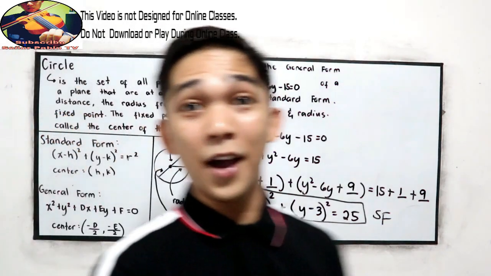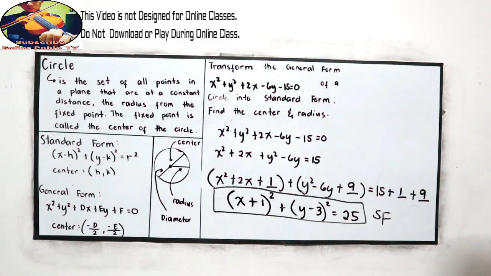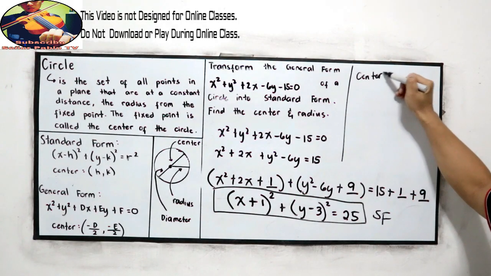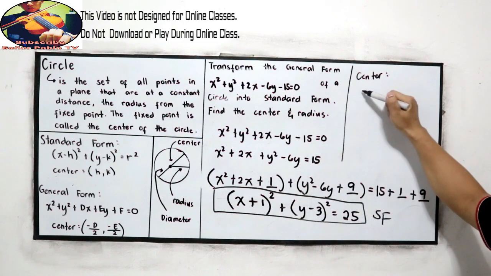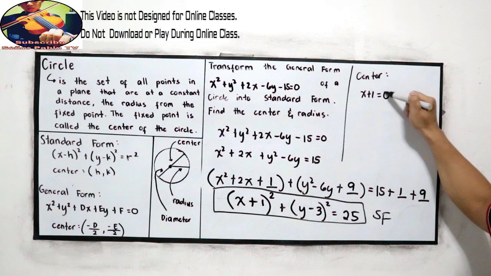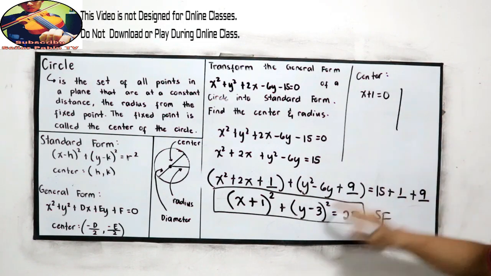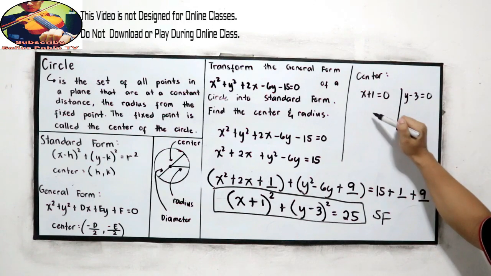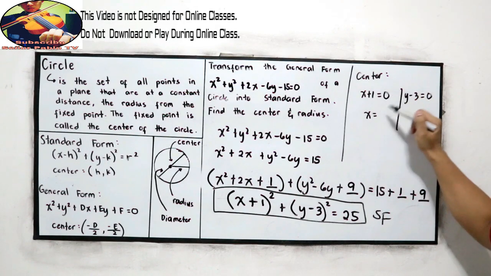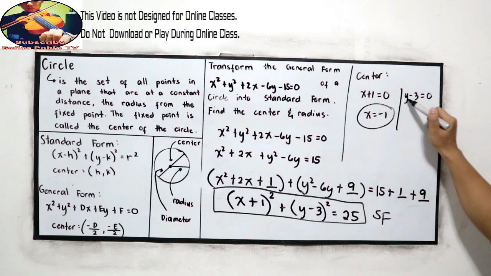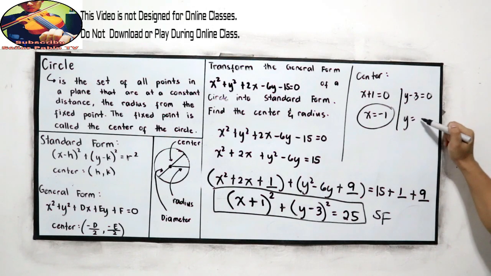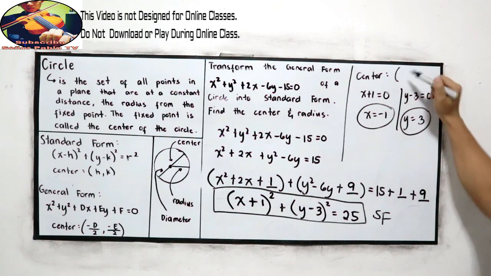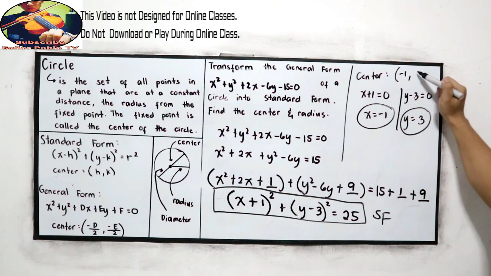We are now ready to find the center and the radius. So the center: x plus 1 equate to 0, and y minus 3 equate to 0. So x is equal to negative 1 and y is equal to positive 3. So the center now is negative 1, positive 3.